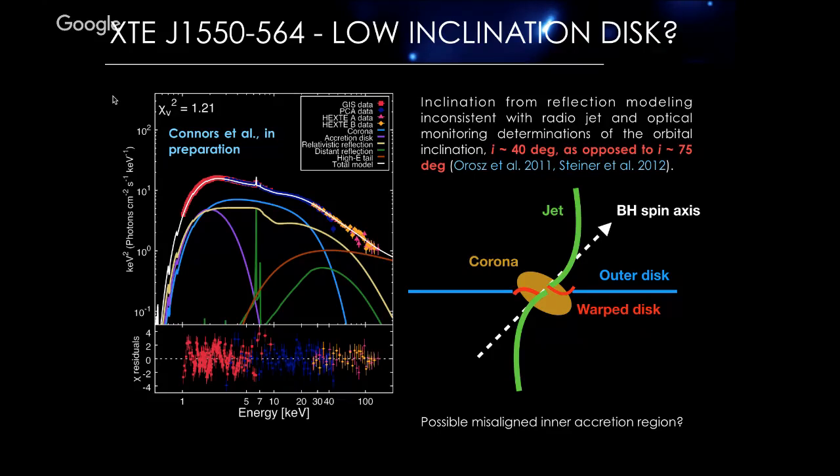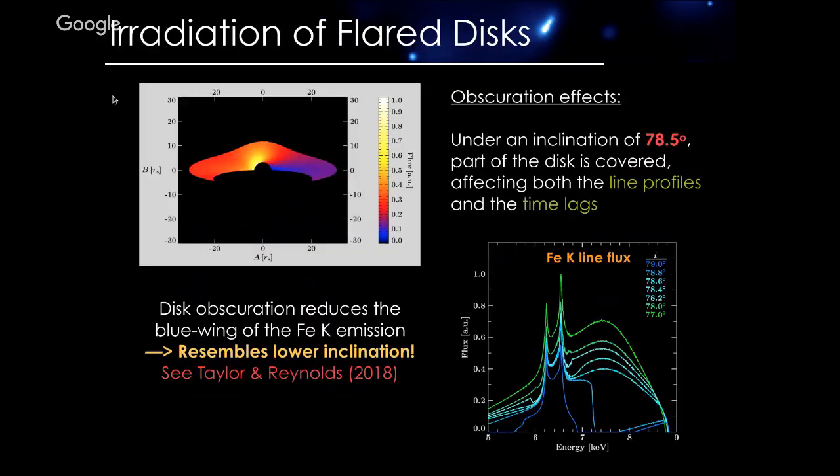So another possibility is that you have obscuration of the inner accretion flow. If you think of an accretion disk that you're seeing at a very high angle, like in this case, the disk is not infinitesimally thin.